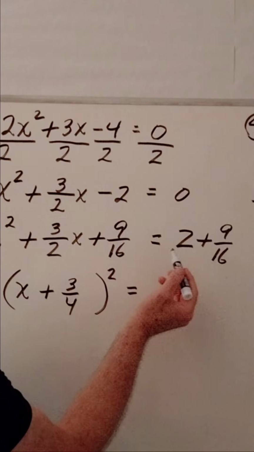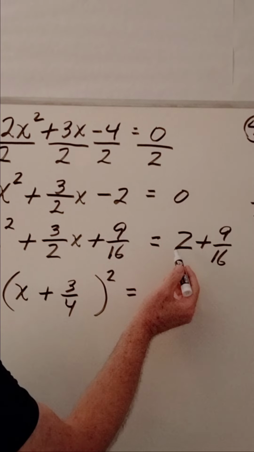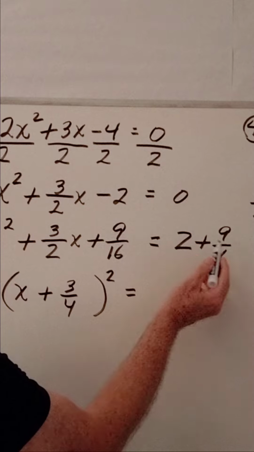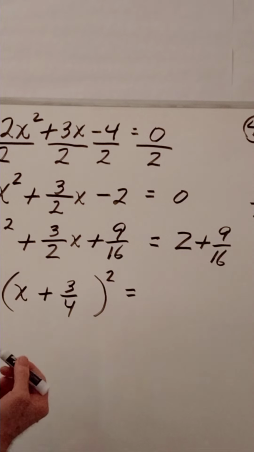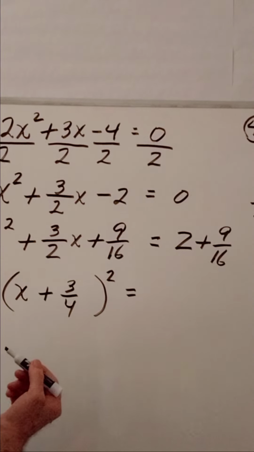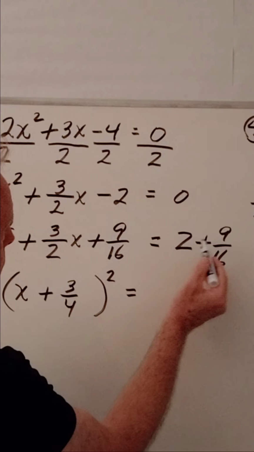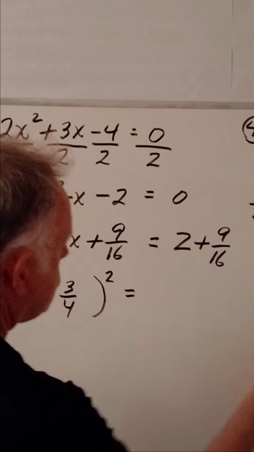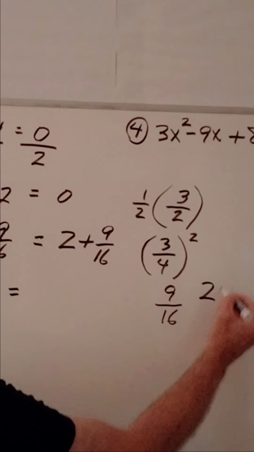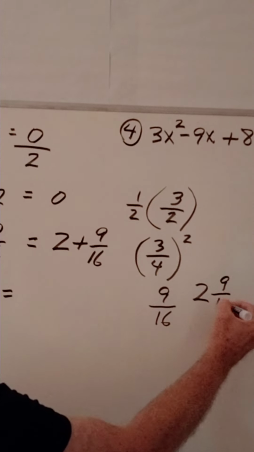Now once again, like we showed you on a prior example, both of these numbers that have to be added together are positive, so we can utilize a shortcut and just think of 2 plus 9/16 as really 2 and 9/16.